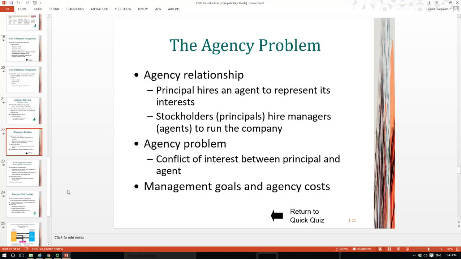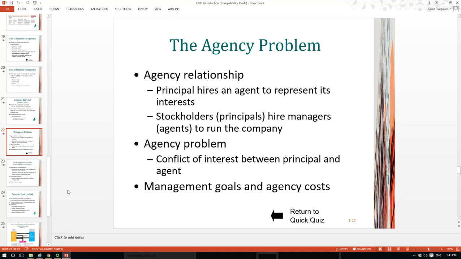Right? Why is there conflict? Well, it's well known that human beings are selfish, and especially those corporation executives, those CEOs, CFOs are selfish, right? And they have their own goals to achieve. They have their own agenda to work with, and their goals may not be consistent with a company's goal.